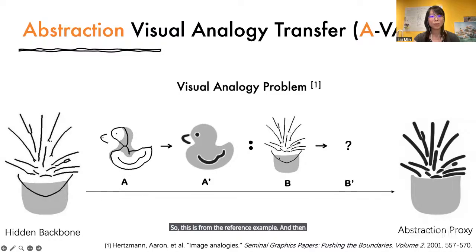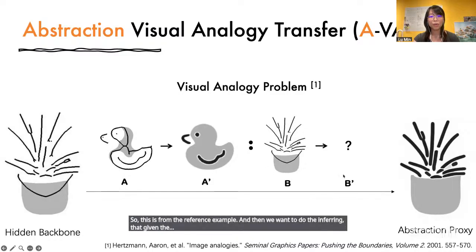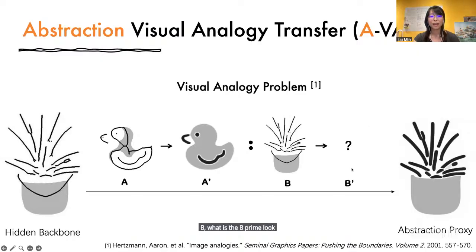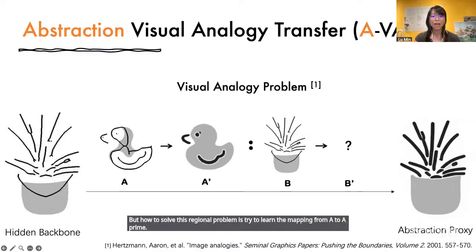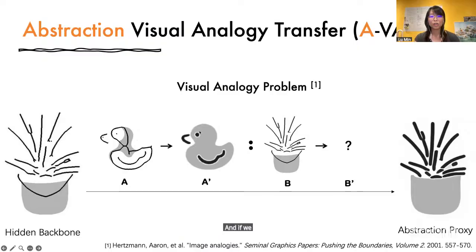And then we want to infer, given B, what does B prime look like? So this is a visual analogy problem. To solve it, we try to learn the mapping from A to A prime. And if we do this in geometric space, I think it's very hard.